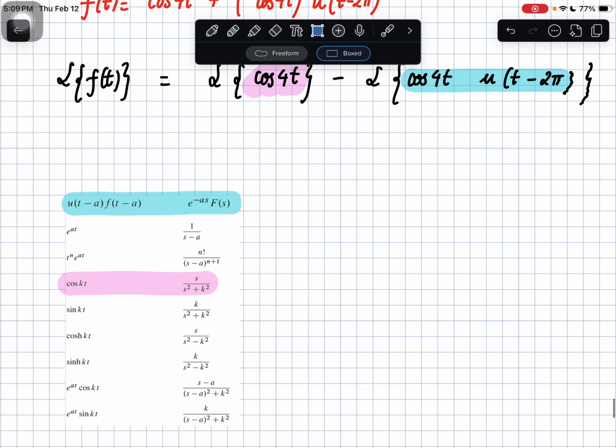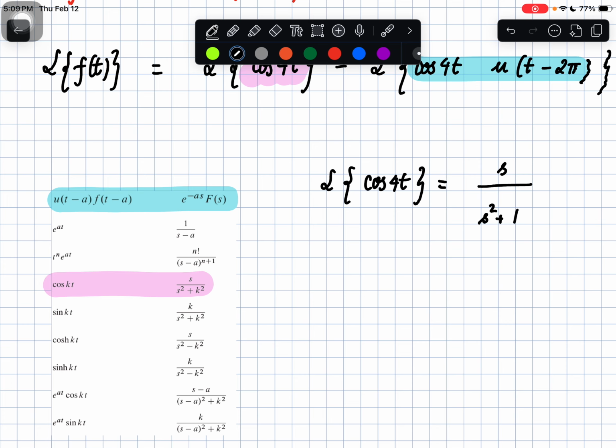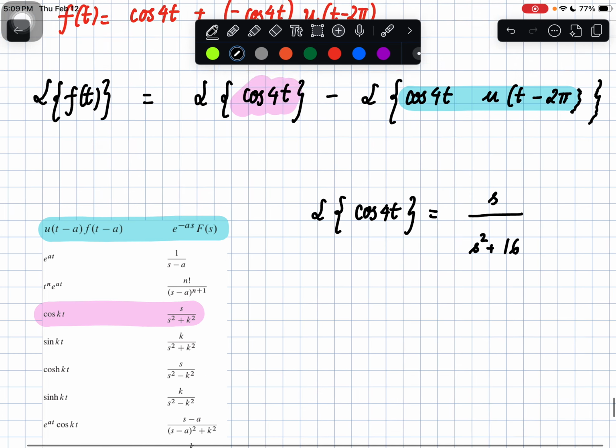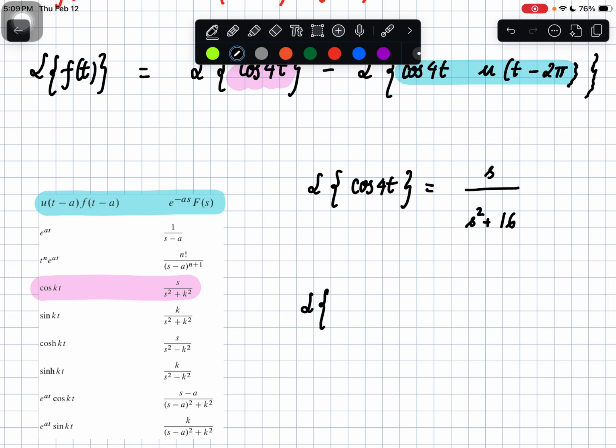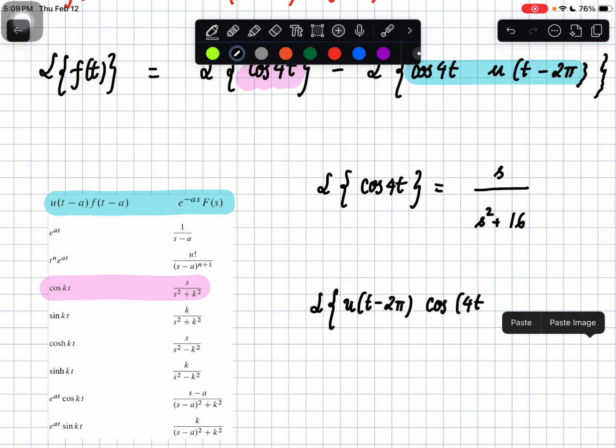For the first term, the Laplace transform of cos(4t) is equal to s over s squared plus 4 squared, 16. For the second term, the Laplace transform of u(t − a) f(t − a), here a is 2π, and f is cos(4t). But we want t minus 2π as they have that.